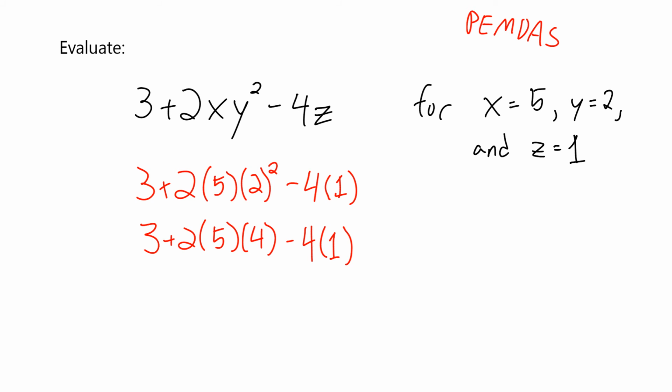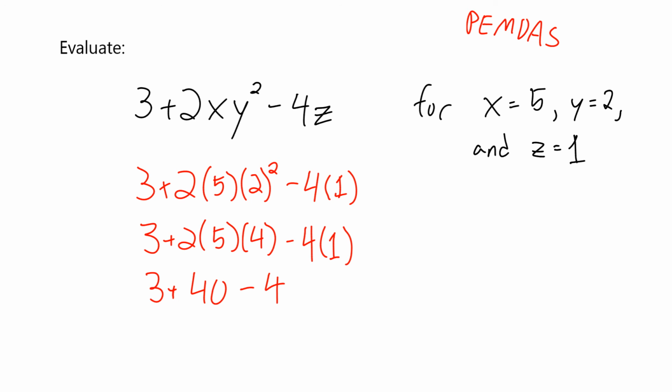After we have taken care of our exponents, we move down to multiplication. In our second piece, 2 times 5 times 4, we get 40. 4 times 1, we get 4.